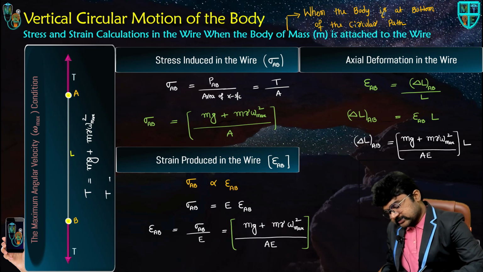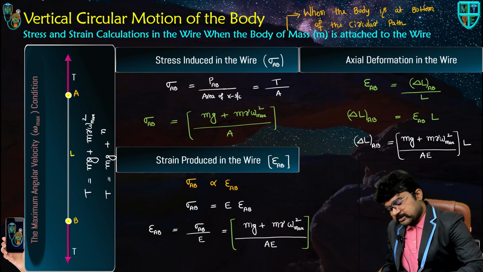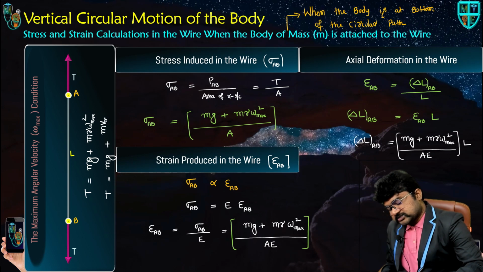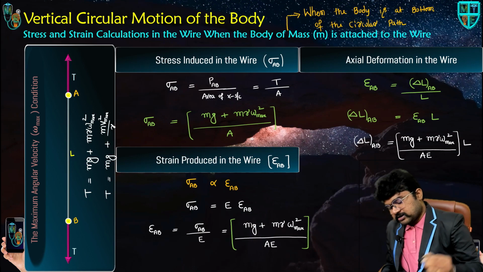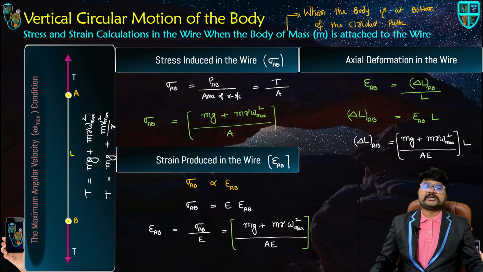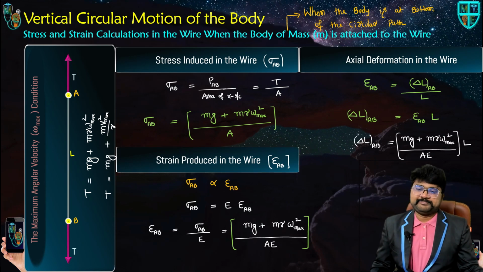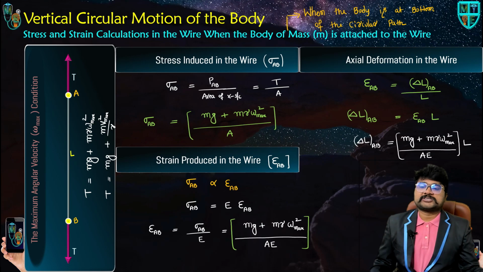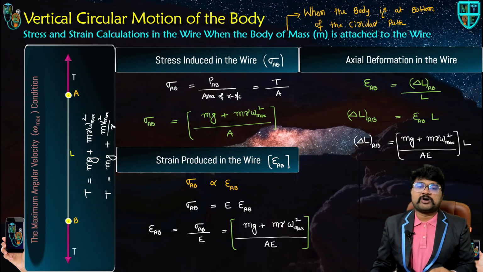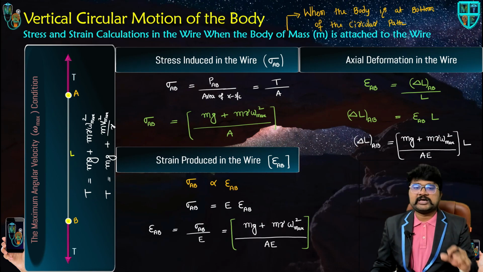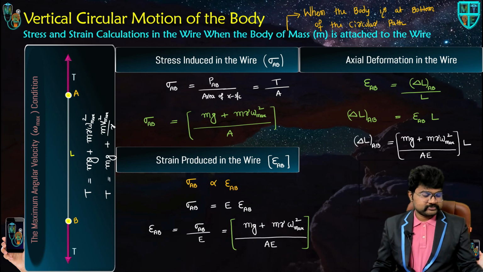You can write it as T equals mg plus m v maximum square by r. Here v maximum is the maximum linear velocity of the body, and omega maximum is the angular velocity of the body when the body is at the bottom of the circular path, and everything related to vertical circular motion of the body.